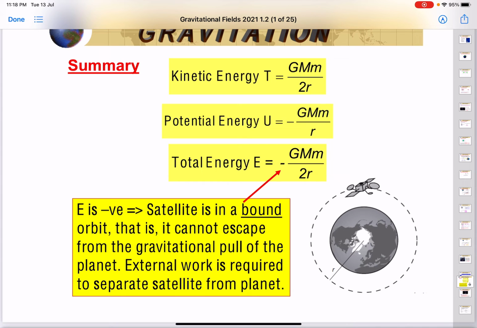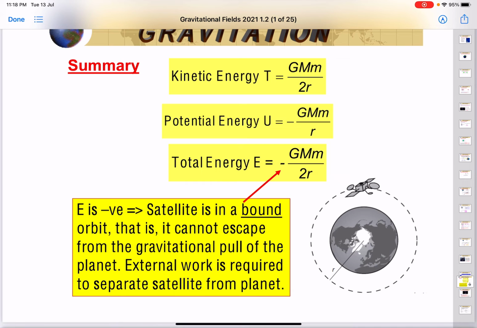Why is the total energy negative, and what does it mean? The total energy is negative because the potential energy is more negative than the kinetic energy. The magnitude of the potential energy is bigger than the kinetic energy. And when the total energy is negative, that means that the satellite is in a bound orbit.